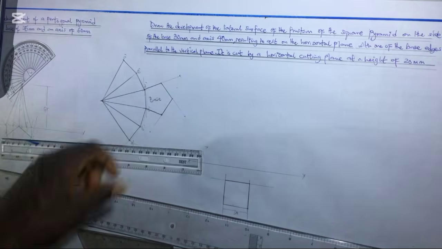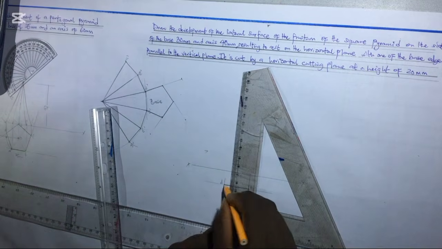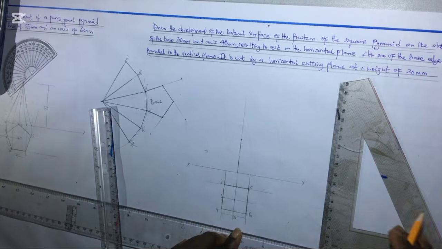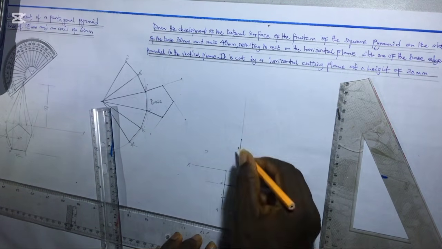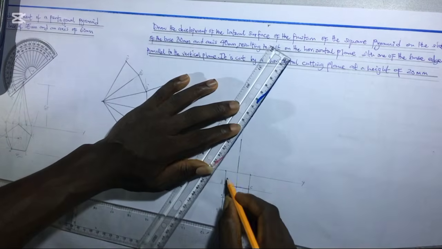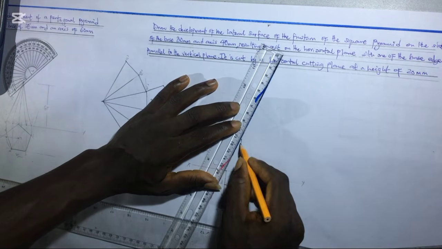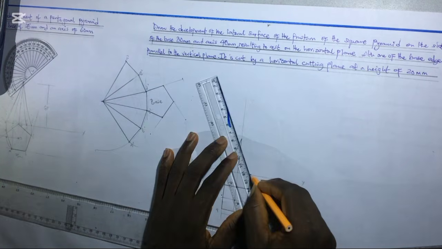Let's project that upwards. We have this point, then up to that apex I'm projecting all the edges I projected upwards. So I'll project it up to the apex. We have this and we have this.